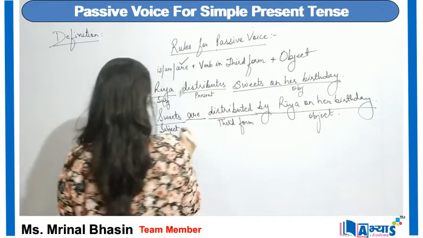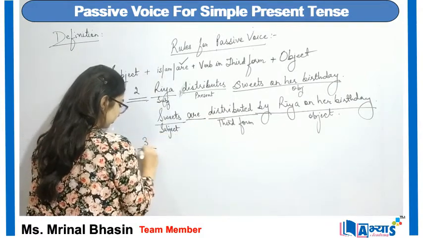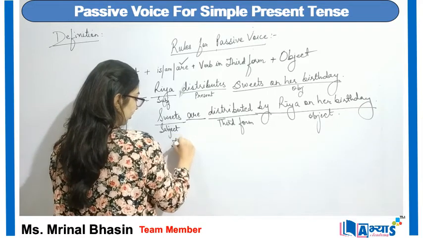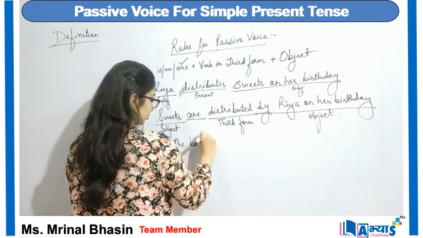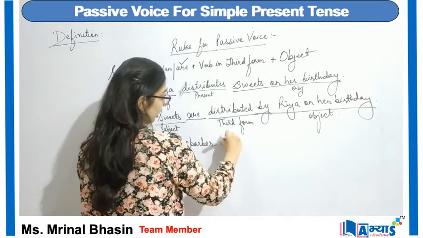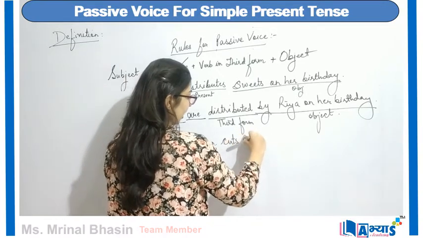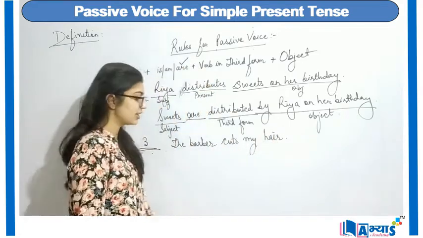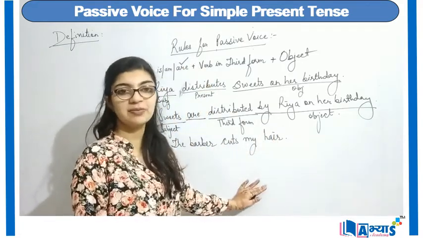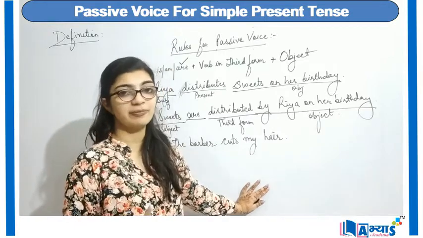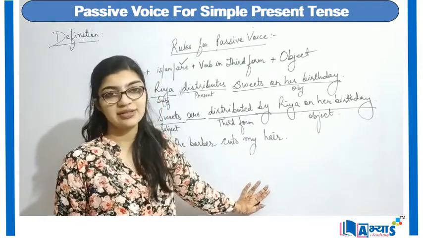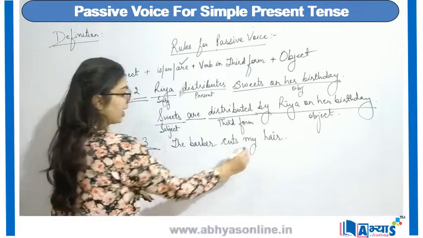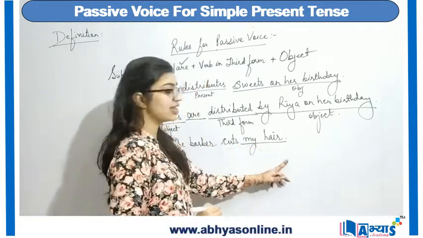Another example can be, the barber cuts my hair. Right? A simple sentence in simple present form is a sentence in active form. To convert this into passive, again, my hair is the object.